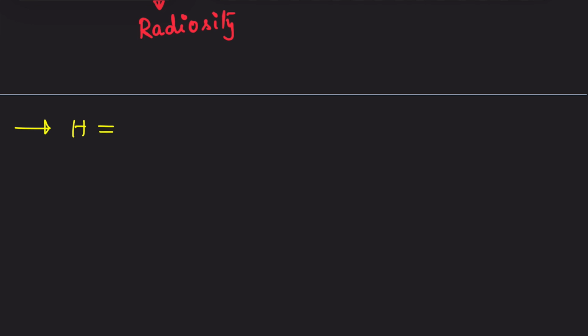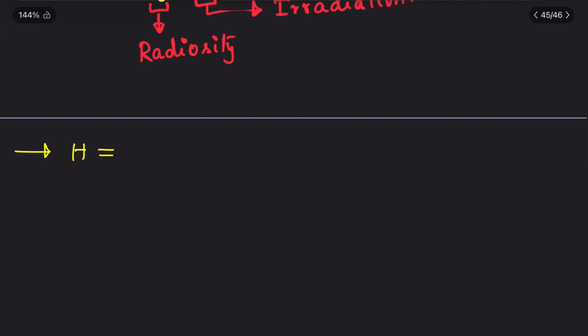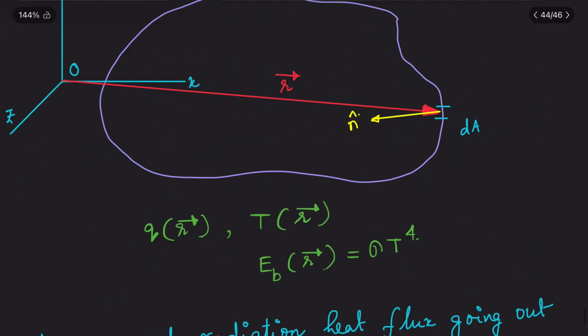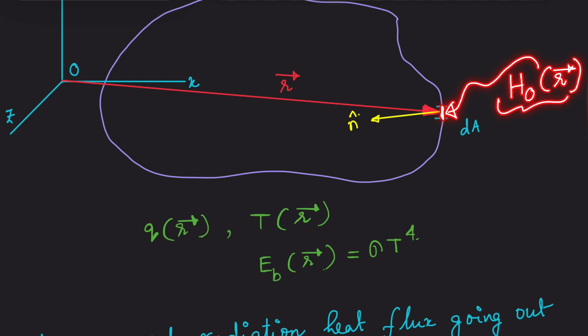So H is equal to irradiation, the total amount of radiation energy that is coming on this small area dA, right? So what will be that? So one thing will be that if anything is coming from the outside of the enclosure, that we call as H_O, that is a function of r. That is incoming radiation coming from out of the enclosure, that is why I have put the subscript O here, and that is also coming on an infinitesimally small area dA at a position vector r, that is why this r is here.